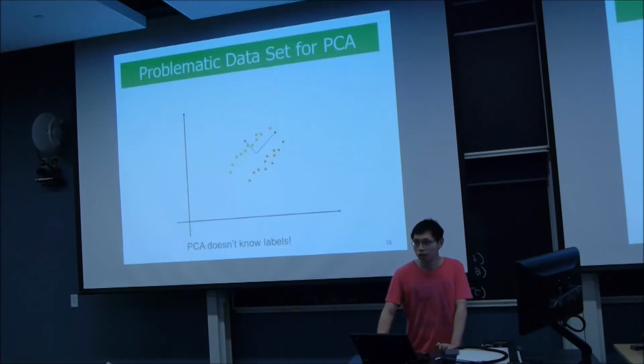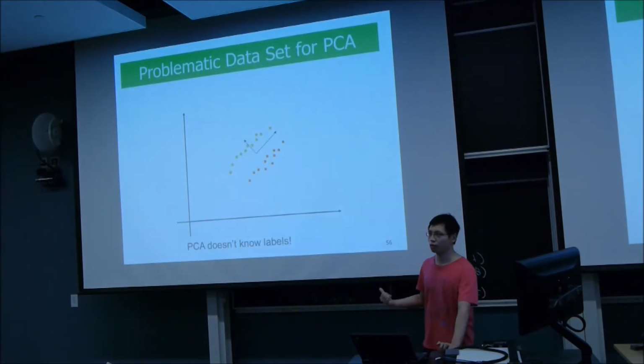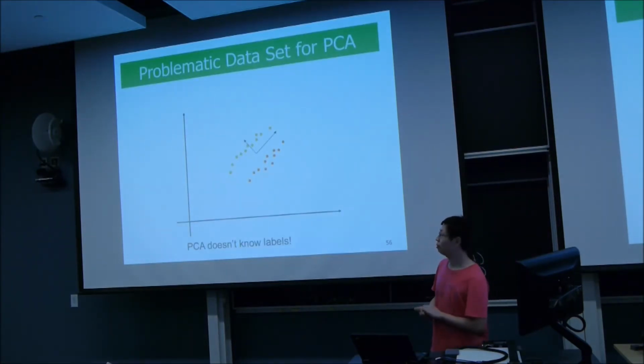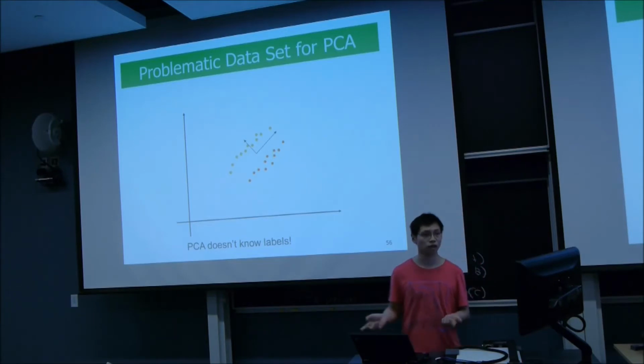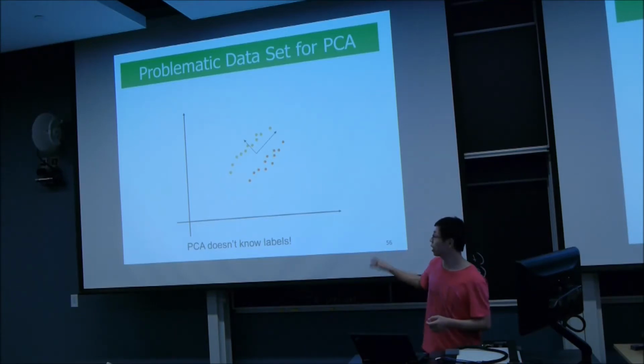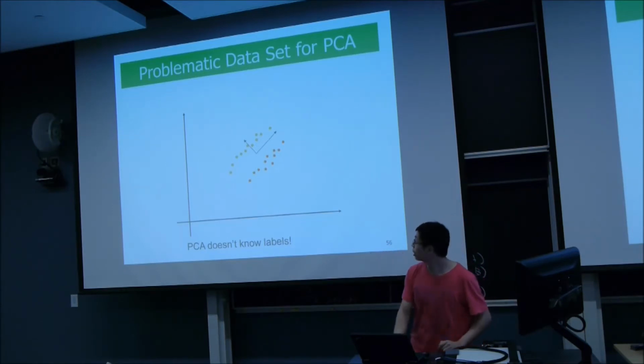So what is the problem with PCA? One problem is that if you have labels, PCA does not know the labels. It is unsupervised learning. For example, in this case you have two different kinds of data, one yellow and one red. PCA does not know that. It just finds the first principal component in this direction, and then the second one.